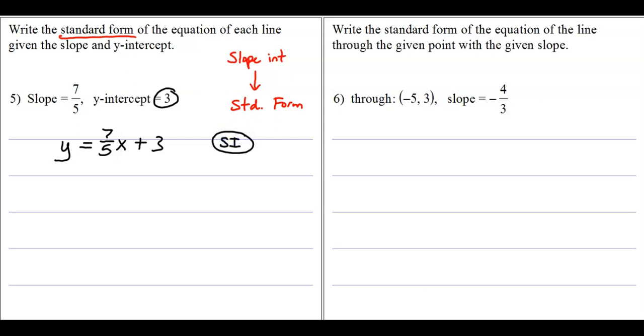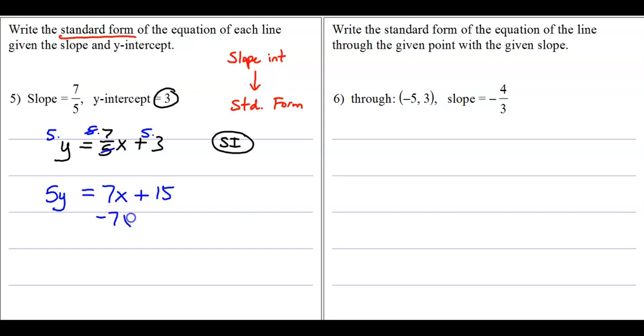Now to get it to standard form, first thing I notice is I've got a fraction. So I need to clear out that 5. I need to multiply everybody by 5 because these are going to cancel. And then I'm going to have 5y equals 7x plus 15. Now, a couple different ways you could do this. You could move the 5y to the right and the 15 to the left. Or I could just move the 7x, and I'm going to do that.